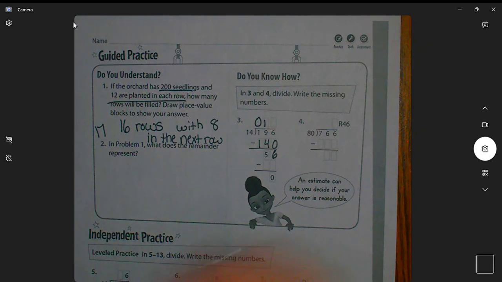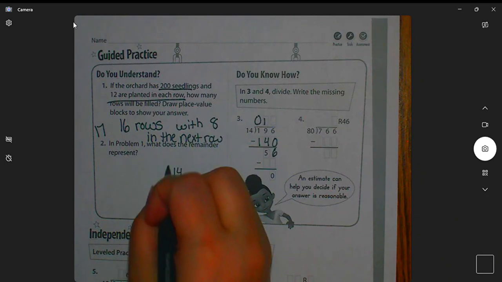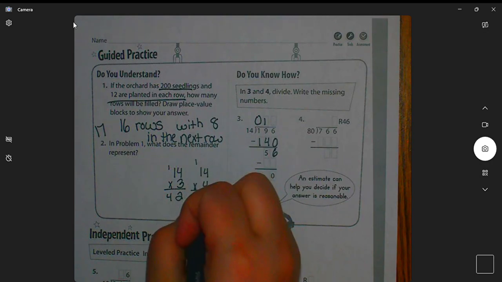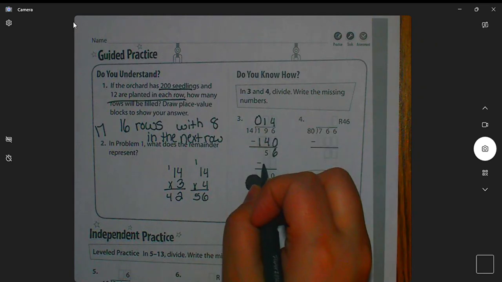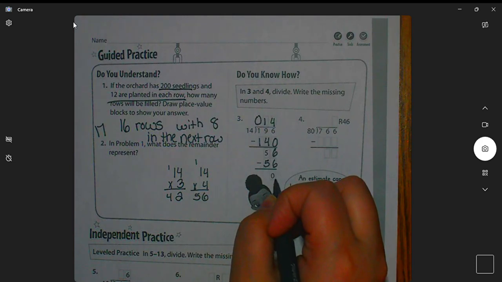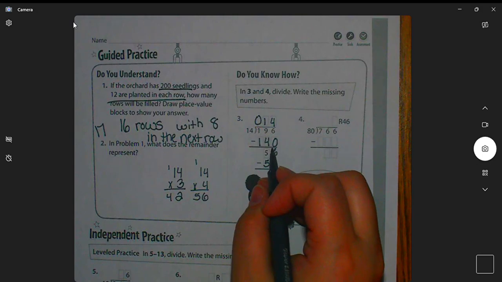I need to write this down. 14 times 3 is 42. 14 times 4, we found a winner. It would be 4. So 14 times 4 is 56. And then I zero out. So 196 divided by 14 is 14.